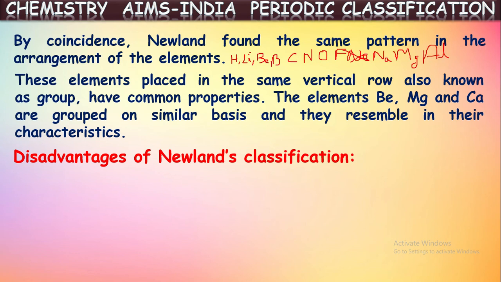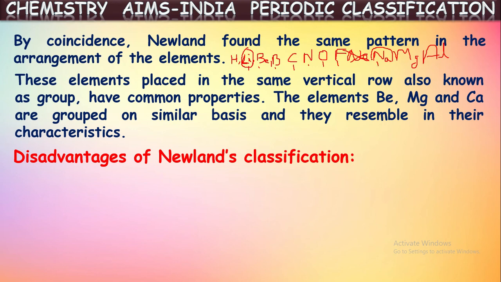Suppose now if you take any one of these elements, suppose you consider lithium, for this the consecutive eighth element, if you count 1, 2, 3, 4, 5, 6, 7, 8.